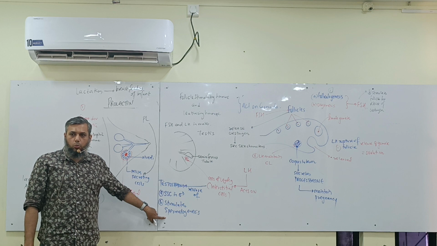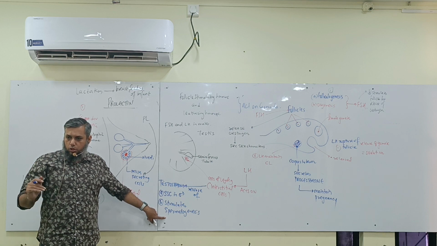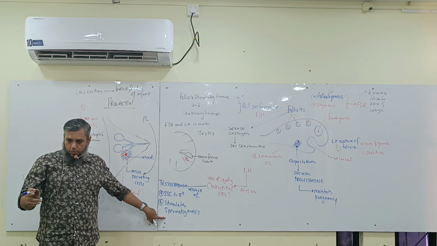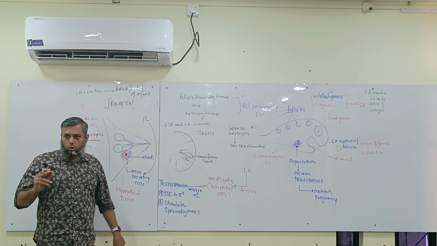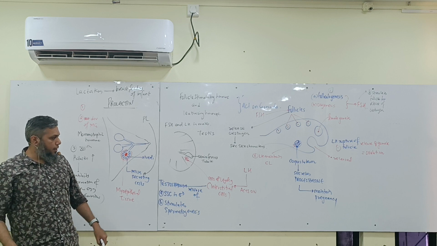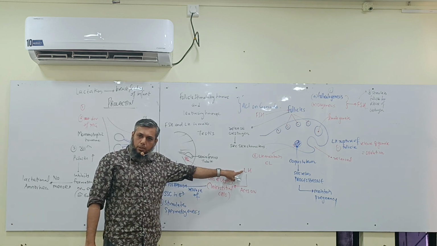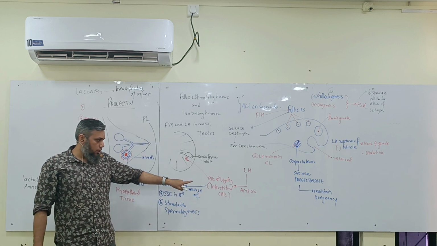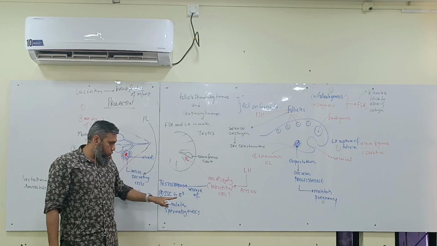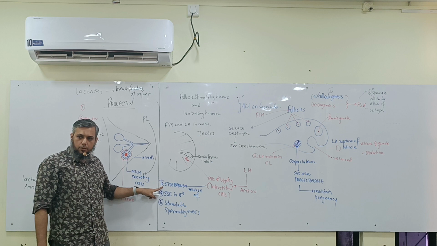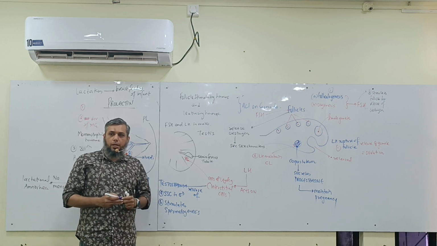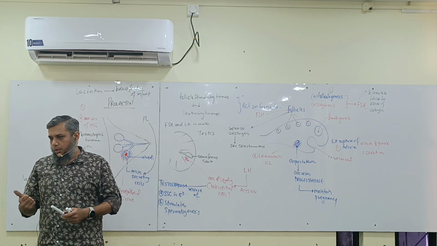So, when a boy reaches the age of sexual maturity, that is called puberty, slowly his pituitary gland will start the release of LH, LH will act on the Leydig cells, which will cause the release of testosterone, and gradually he'll develop facial hairs.